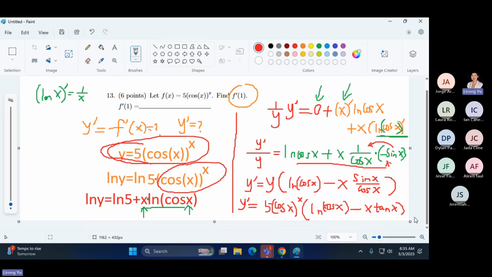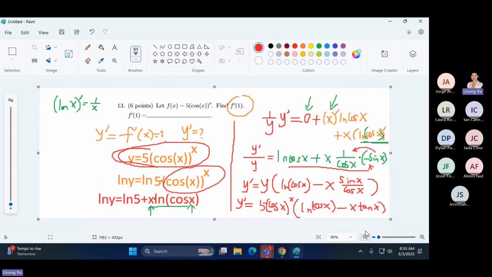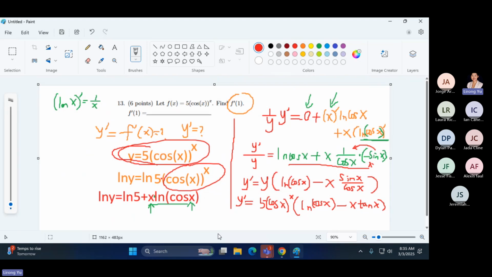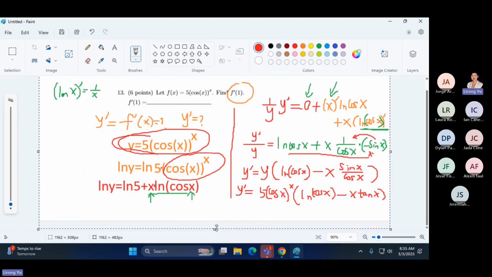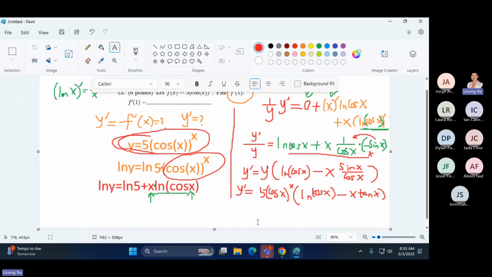So when we write the y prime or f prime of x, we should have only the x in there, x is the input. Are we okay? Any questions so far? All right, so that's our derivative formula. What we wanted to do is to find f prime of 1.